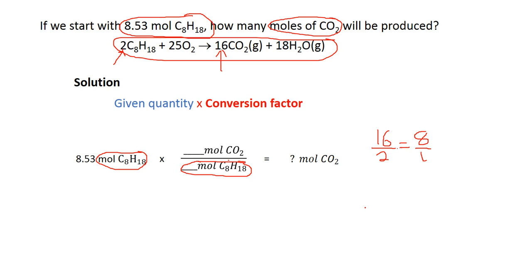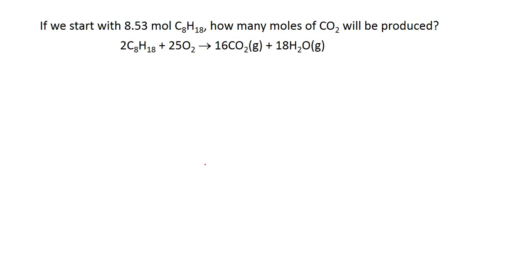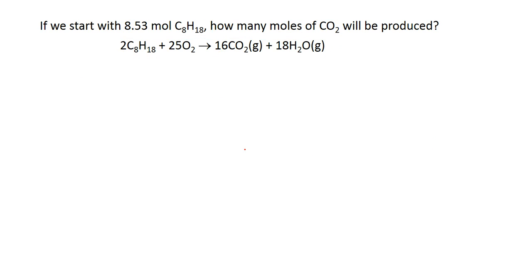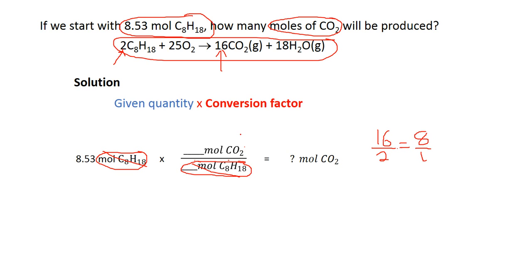So if you look at this problem again, you see that this cancels with this, so that in the end what we are remaining with is just this one. This is what we are remaining with, which gives us here the moles of carbon dioxide.